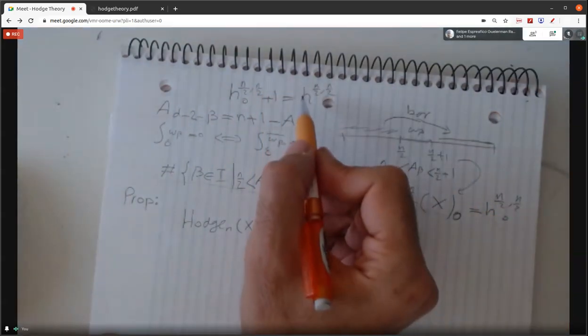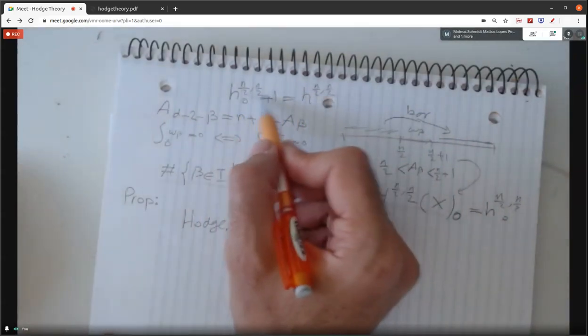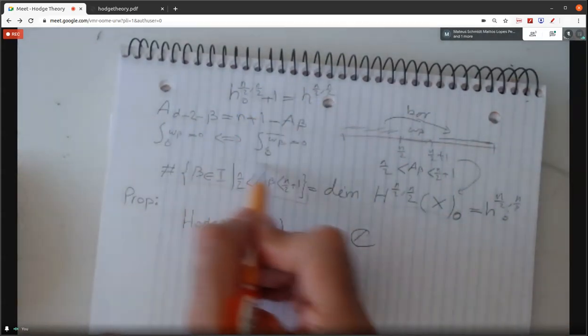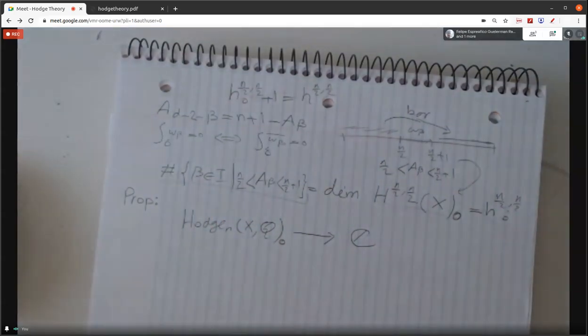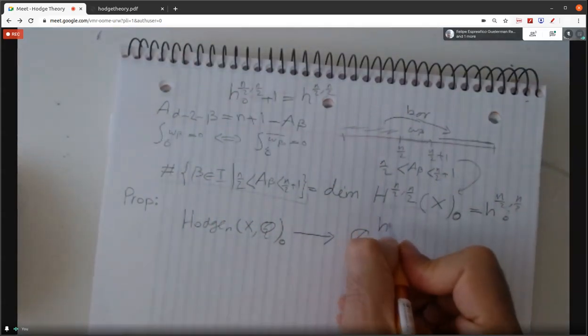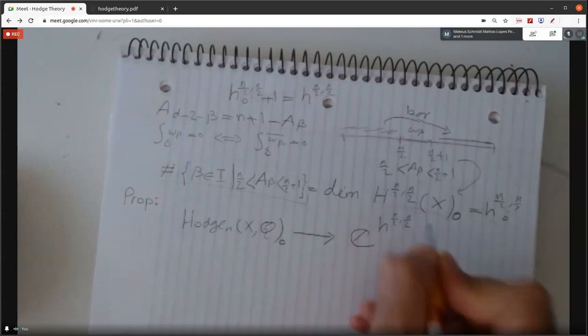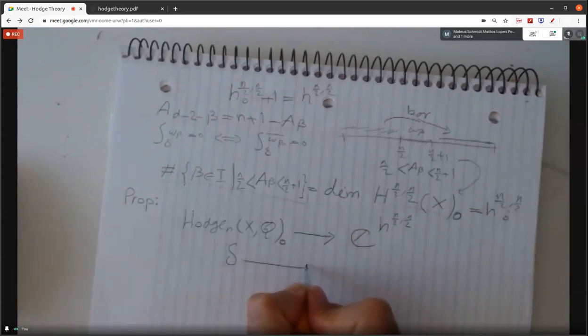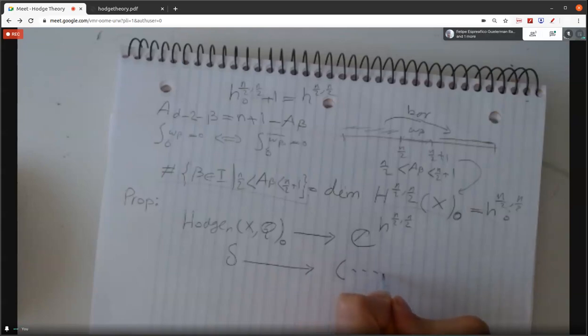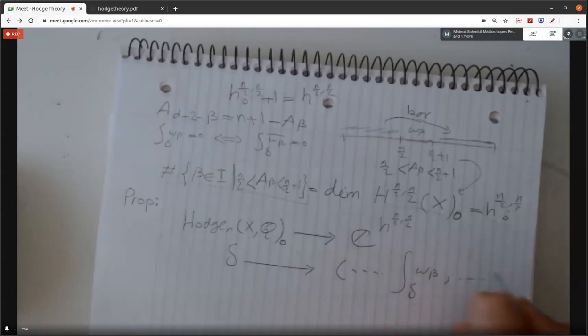Anyway, if we don't want to bother ourselves with the modern language, for me this number is just the cardinality of this omega beta. So let's take h n half. So to a cycle, we associate the vector of the integrals of omega beta over delta. Here the beta is varying in I, with beta between n half plus 1 and n half.